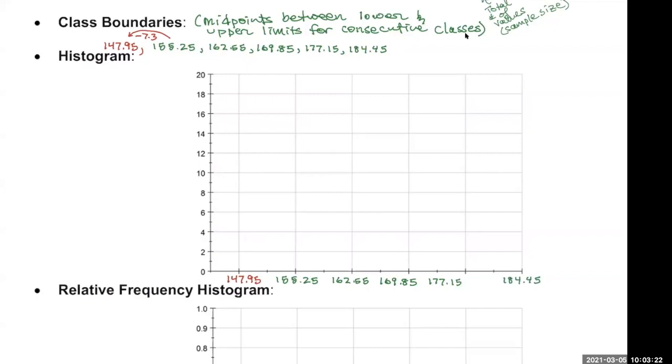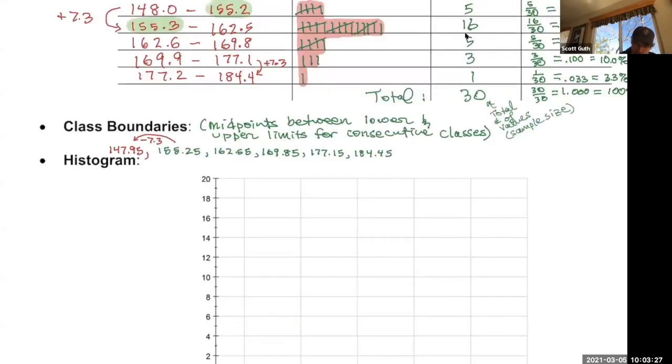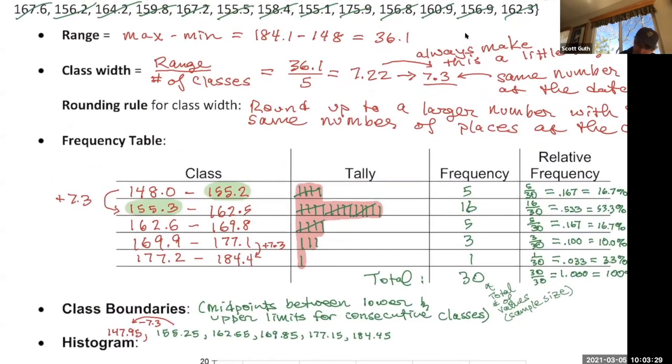Can you please define what an upper limit and lower limit is? Yeah, for each class. So the classes have an upper limit and a lower limit.